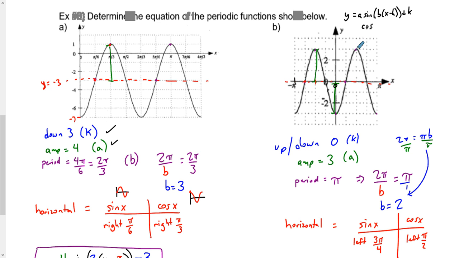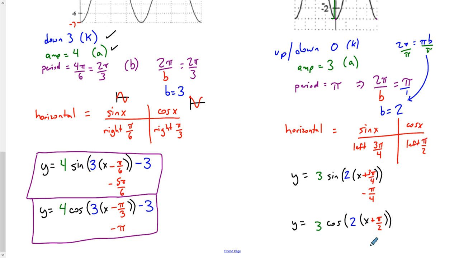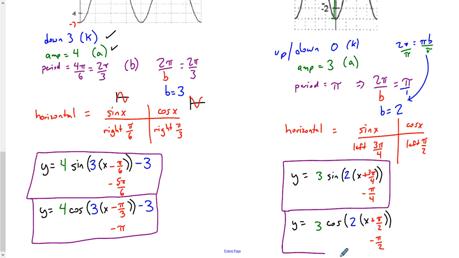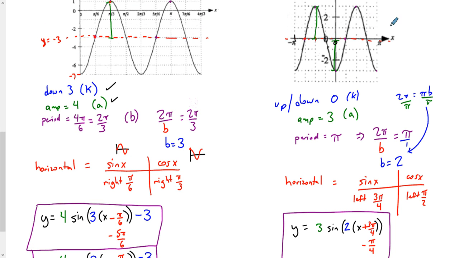We could technically also start here, which means that that would be a right movement of pi over 2, which means we're subtracting pi over 2 in there. So all in all 4 of these equations are identifying the exact same graph.